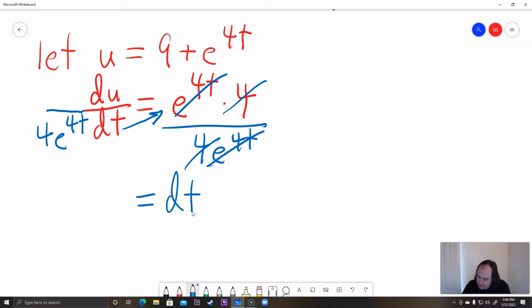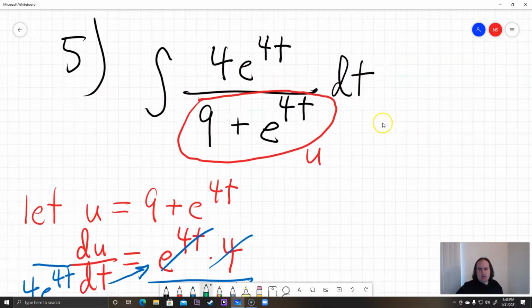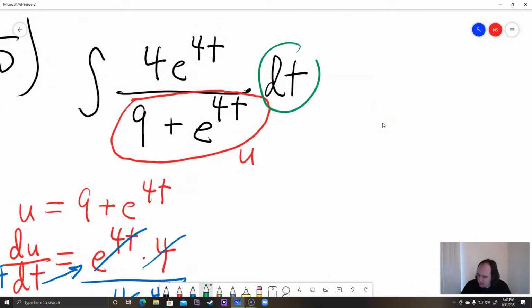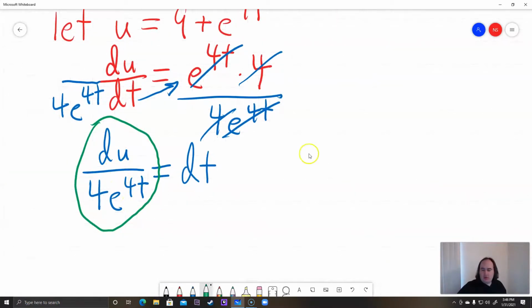And on the left side, we're going to have du over 4e to the 4t. Then we're going to plug in du over 4e to the 4t in place of dt. So we're going to replace this dt up here with du over 4e to the 4t.